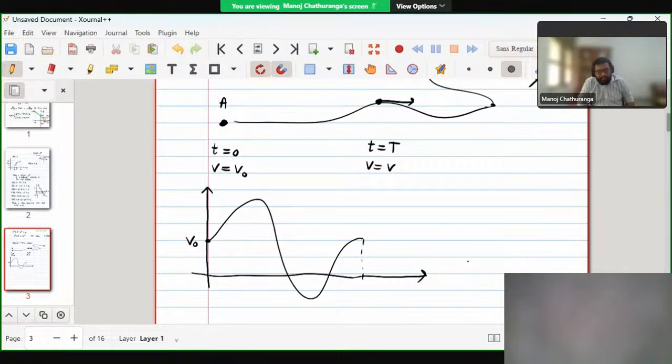Let's say at this point, we want to measure the acceleration. How can we measure the acceleration of this?